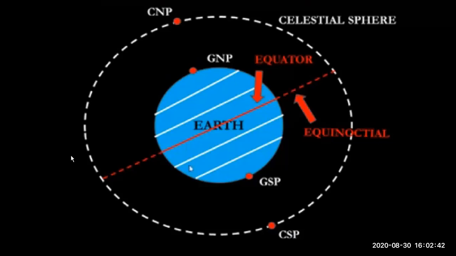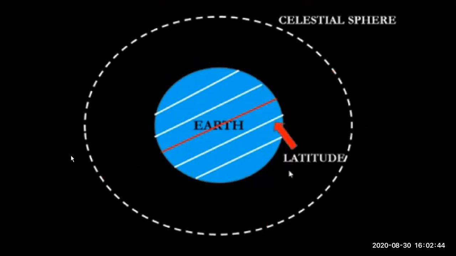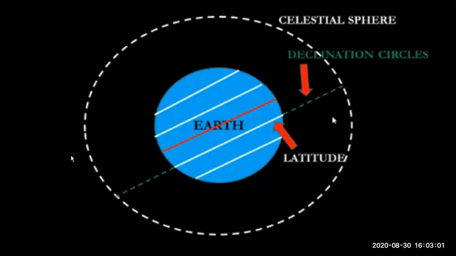Since we have expanded the equator lines, now we will expand the latitudes also. The expanded latitudes are called declination. So you can say latitudes of the celestial sphere are called declination circles. These are small circles because they are not passing through the center of the earth, and they are parallel to the latitudes of the earth.